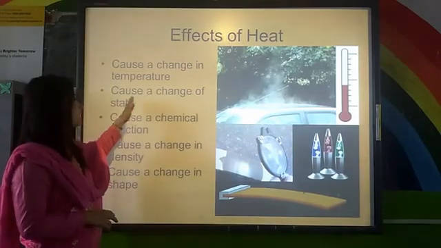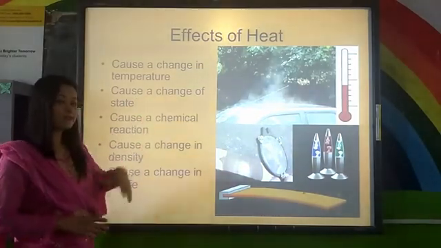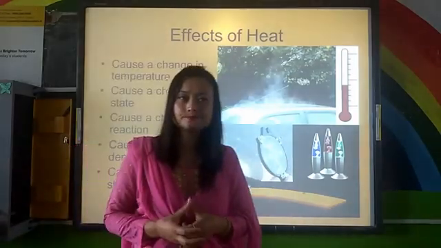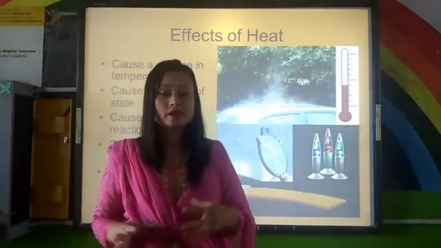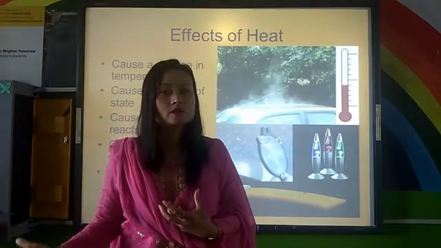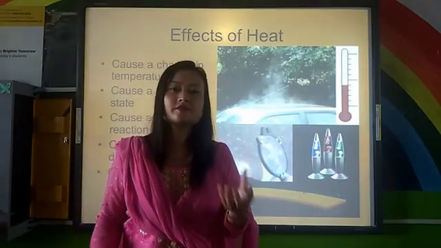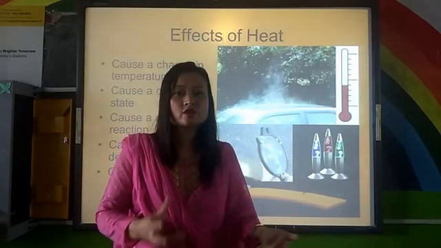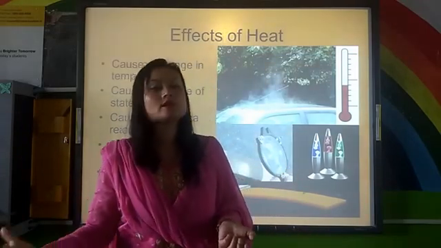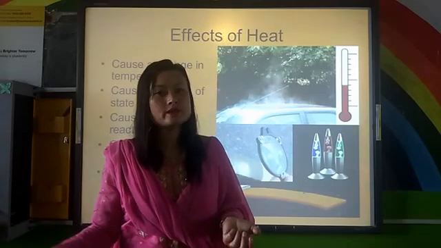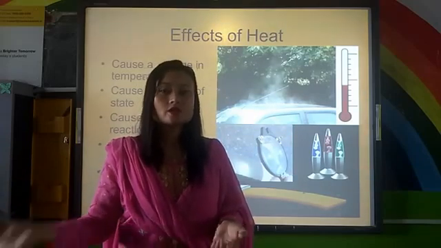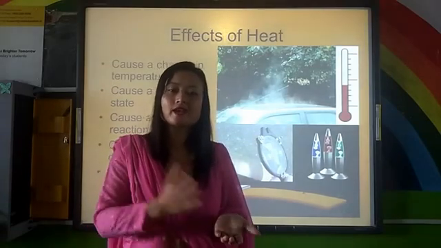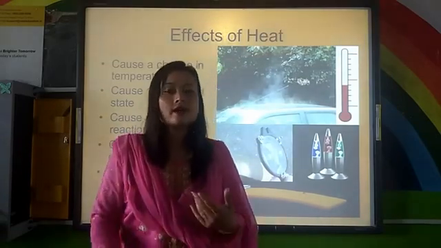Next one is cause or change of state. That means when a body gets heated, say for example, an ice, when it gets heated, it melts into water, which means there is a change of state. The ice, which was in solid state, changed to water, which is in liquid state. So there has been change of state from solid to liquid by the gain of heat.